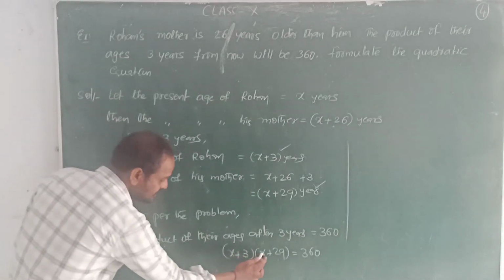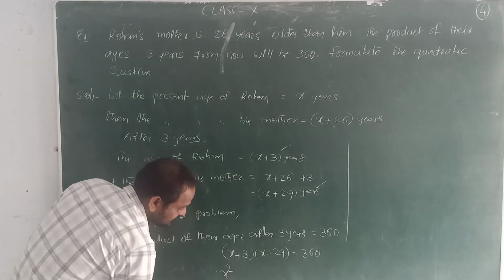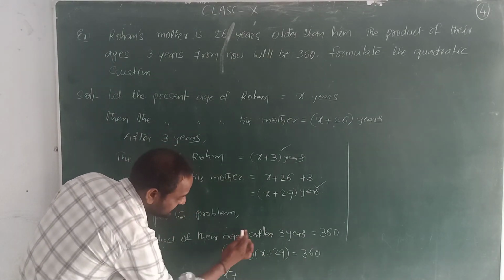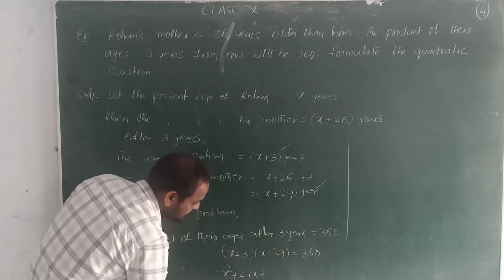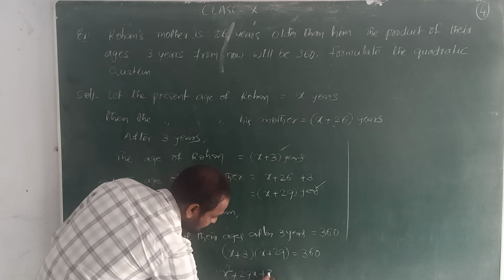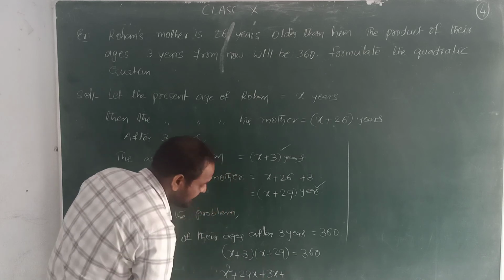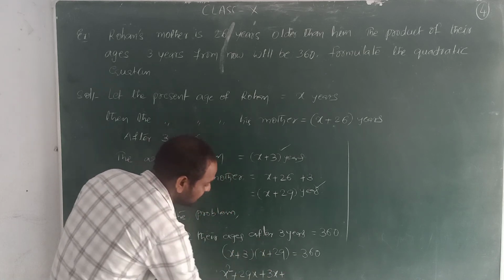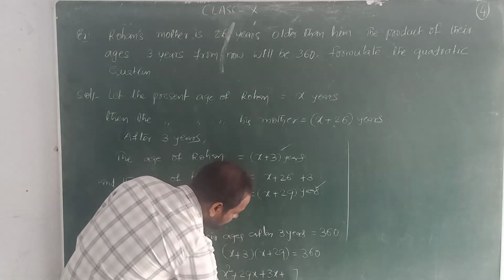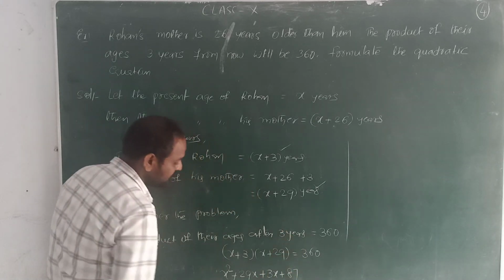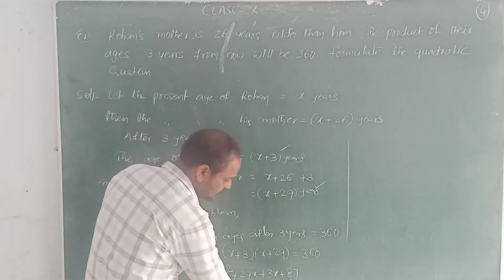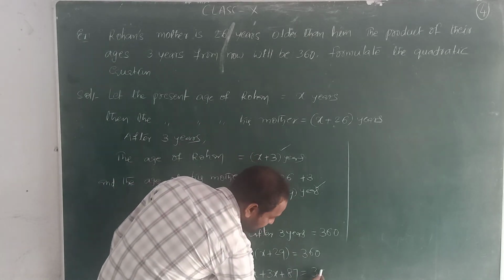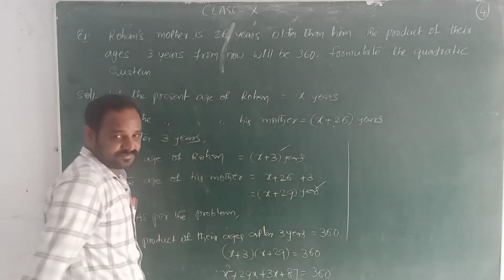Now you can do the multiplication. X into X, X square, plus X into 29, 29x, plus 3 into X, 3x, plus 3 into 29. How much? 3 9s are 27, 3 2s are 6, 87, is equal to 360.